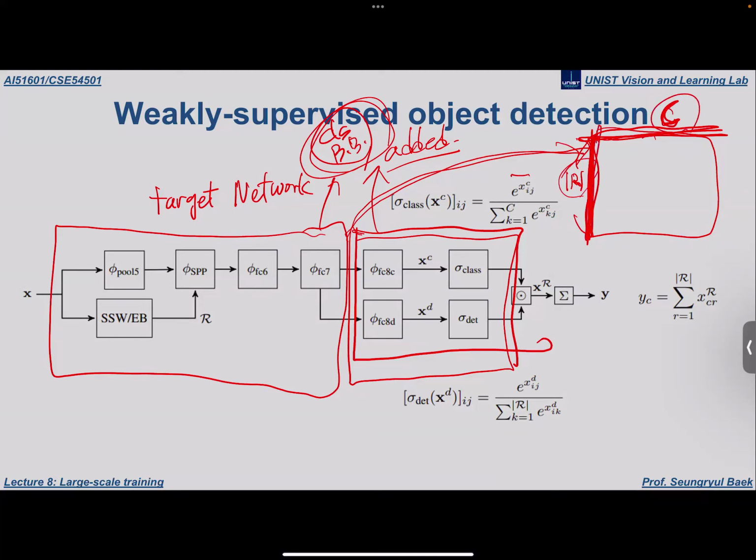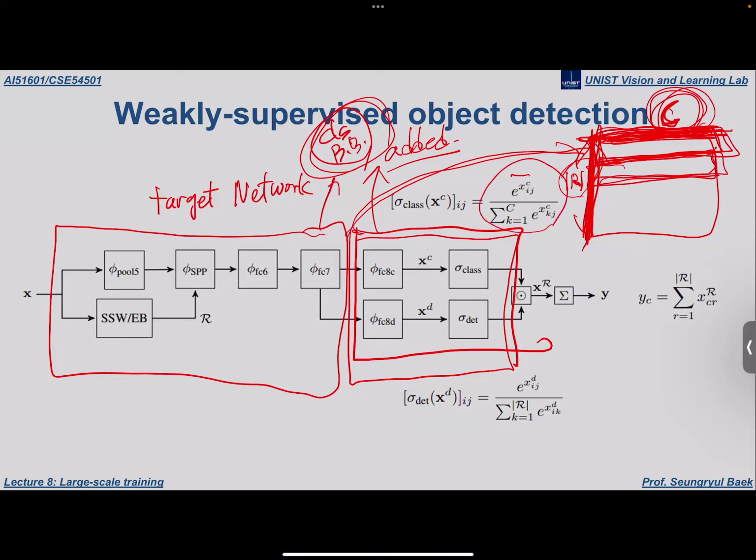There will be R number of bounding boxes. And for each bounding box, we will have C number of label information. So for example, the first row includes the class probability for the first bounding box, and the second row encodes the second bounding box's probability for C number of labels. So this is the output from the object detector.